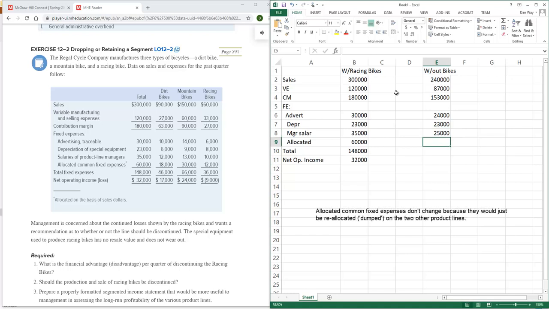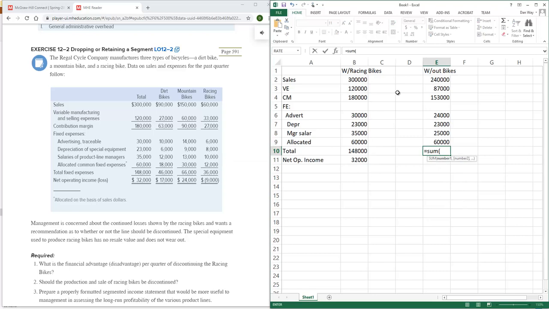And then allocated common fixed expenses, so there's going to be no change there in total. So our total fixed expenses, the sum of those four items, are $132,000. And then if we subtract the total contribution margin minus the total fixed expenses, there's net income of $21,000.